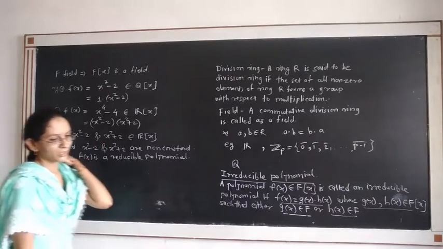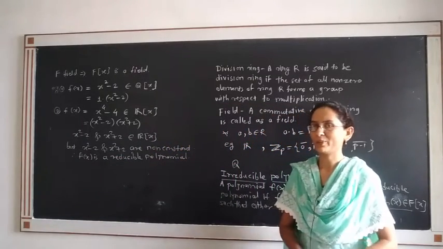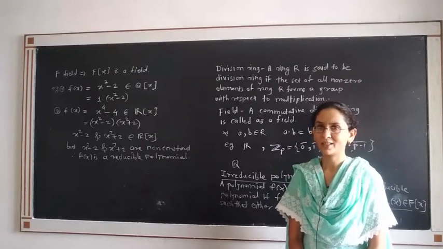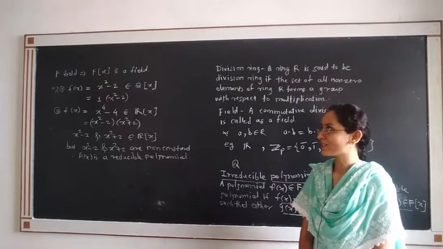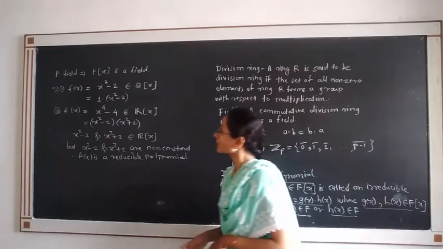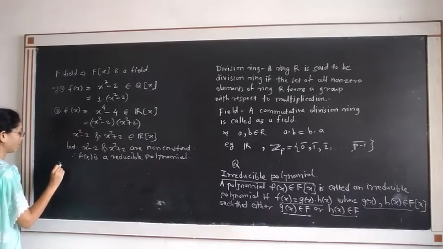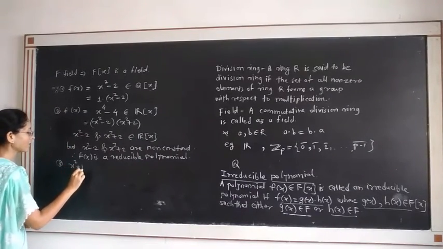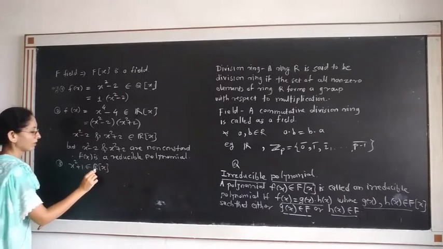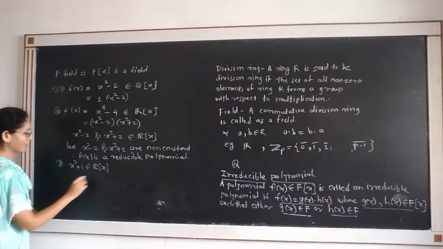It means if a polynomial is factored into two non-constant polynomials, provided that both the factors belong to the same field, then we say that f(x) is a reducible polynomial. You also try this polynomial: x square plus 1 belongs to the field of real numbers R[x], the polynomial ring over R. Okay.